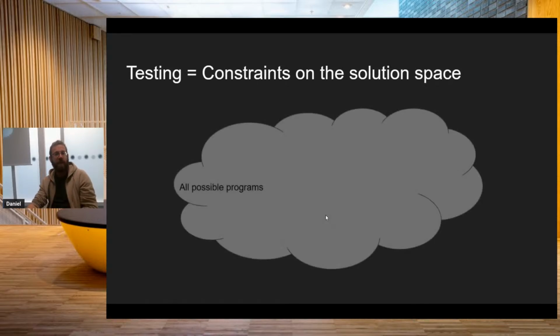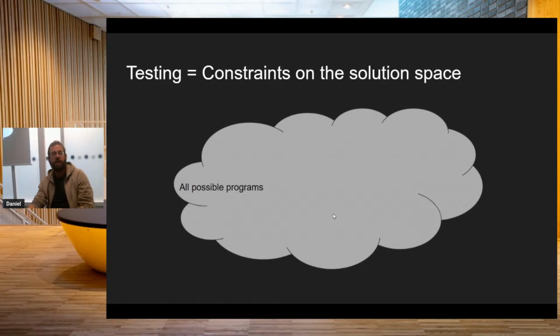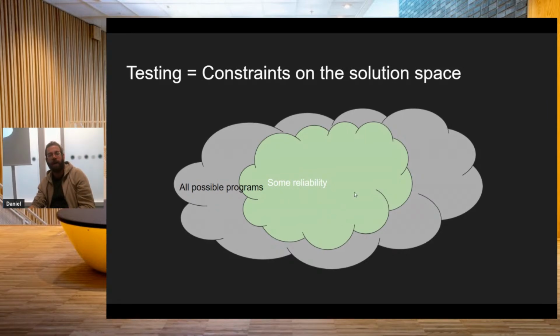So imagine that we have a space of all possible programs. Some of these programs look like the add program. I make them into a green cloud here. They are more probable. World of Warcraft or any other game is not the add solution, right? So it's outside in the gray area.